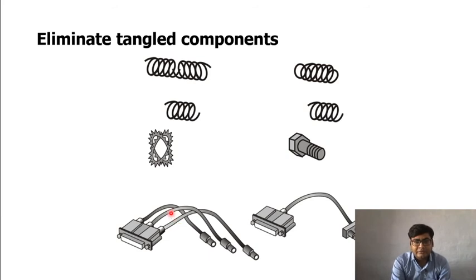If you are using multiple wires, make sure that all the wires go into a single larger wire, and the component at the end will have different shortcuts or ports. So instead of three wires, now we have one wire only, and those three wires tend to tangle more, but the single wire will not tangle at all.